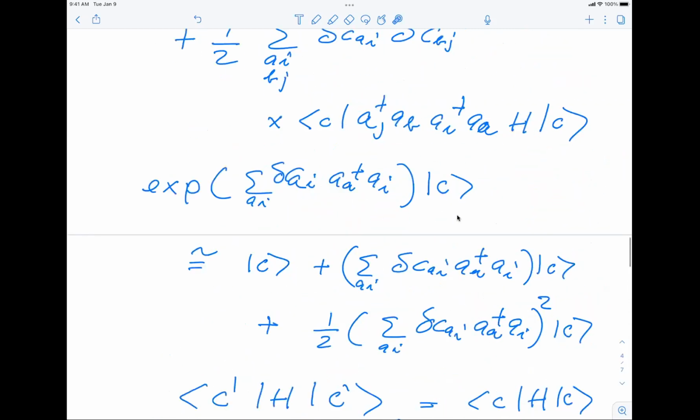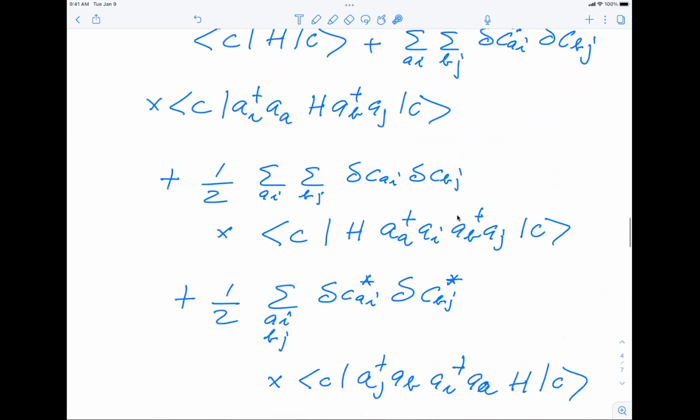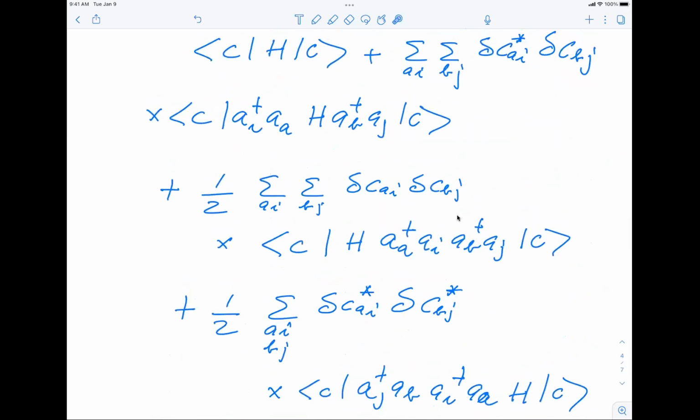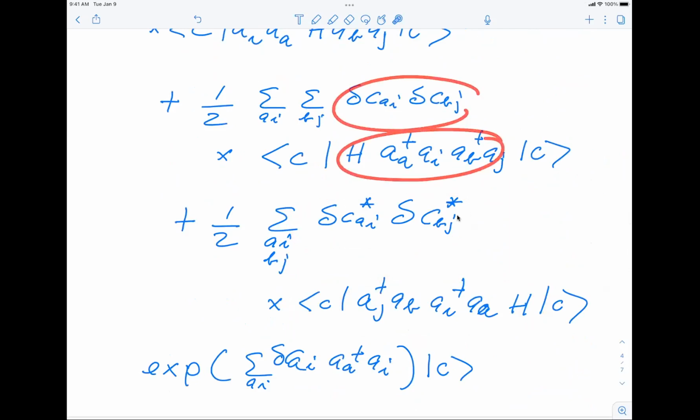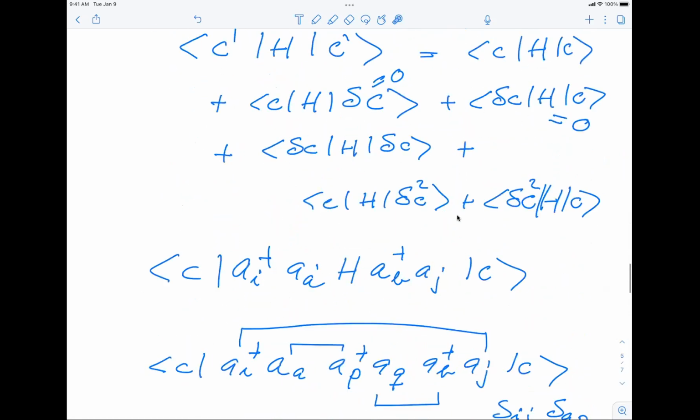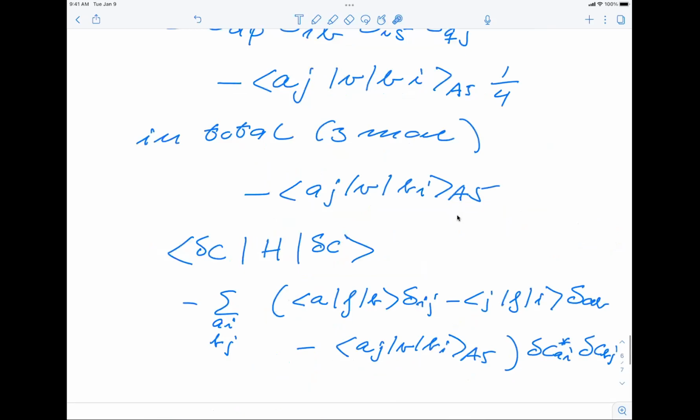If we look at that one, what we end up with is a term which is going to contain these terms here, that one, and then something which contains this piece here and this piece here. So let's look at the two additional terms which we have.